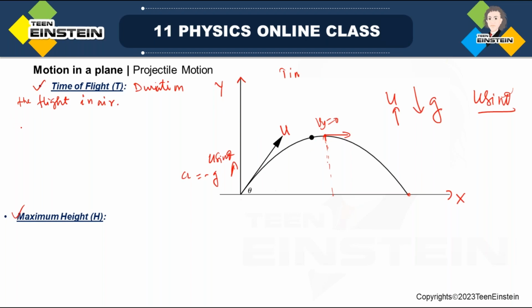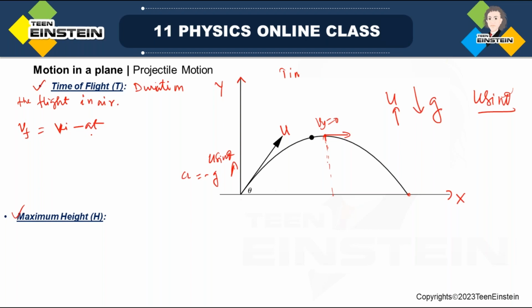So I can use the formula final velocity vf is equal to initial velocity u minus at, where a is the acceleration in the vertical direction, here g. So vf equals u sine theta minus gt.